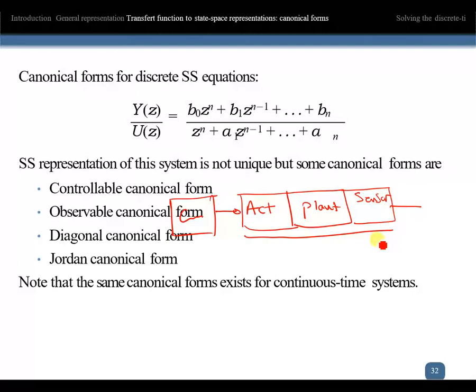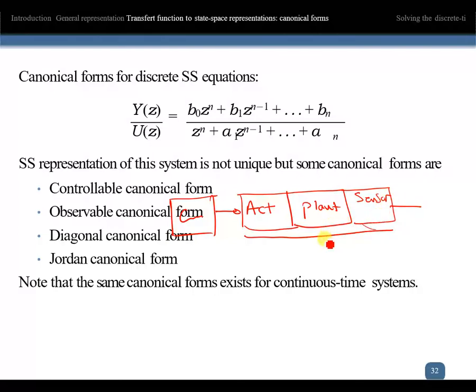Controllable, or the name is reachable, you need to be able to influence the system. You need to influence the system by the actuator. Knowing all of the state variables, you need a sensor. The name is an observable sensor.